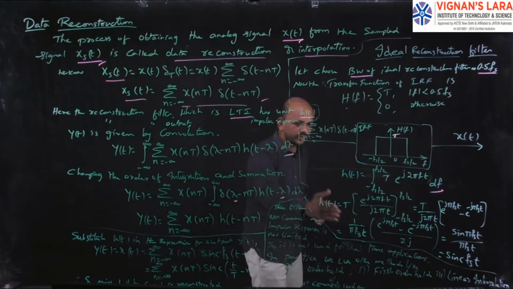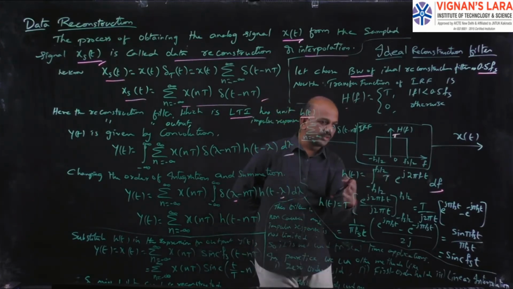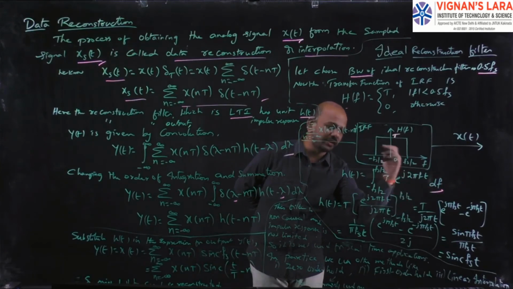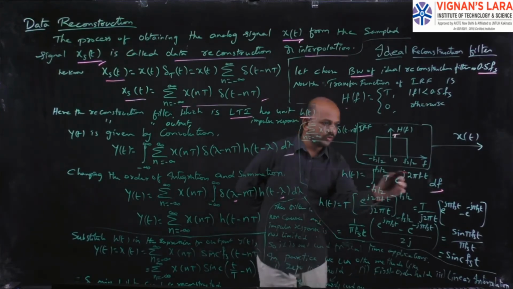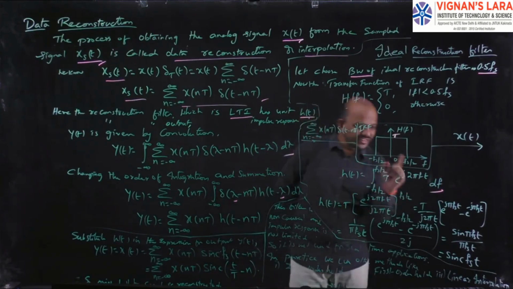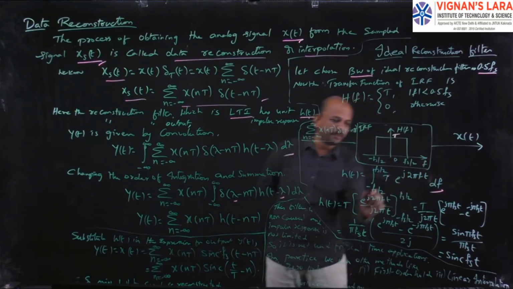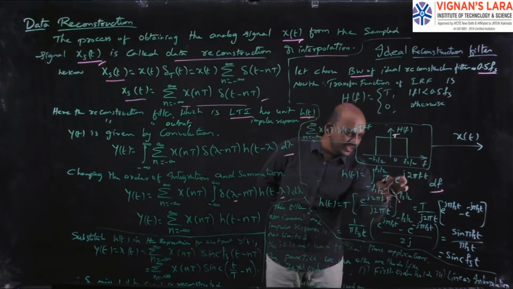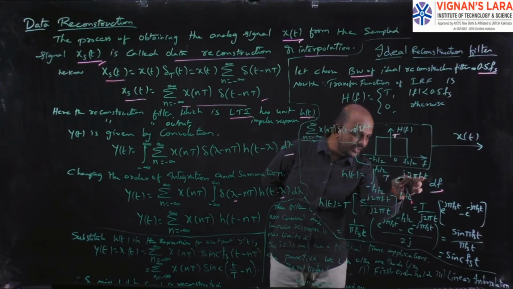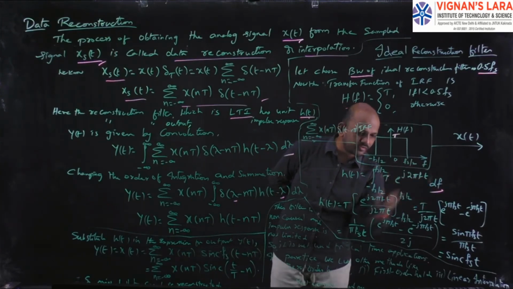Now see, h of t will be equal to, bring T outside, because we are integrating with respect to f. Now integrate this with respect to f. So e power j 2 pi f t by j 2 pi t, because we are integrating with respect to f, so j 2 pi t.